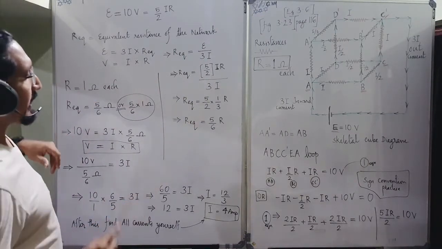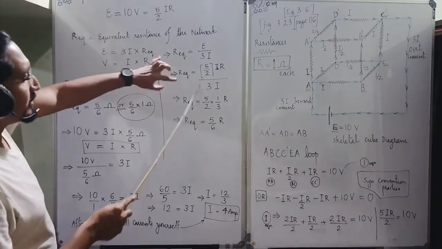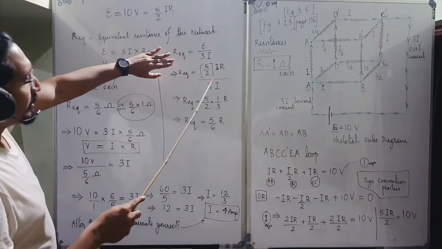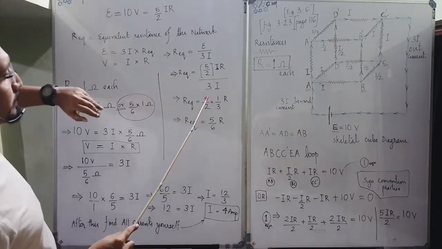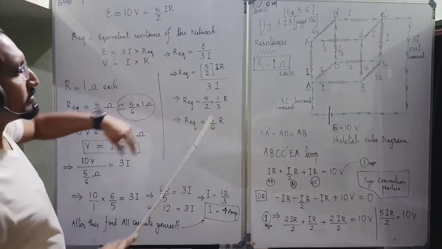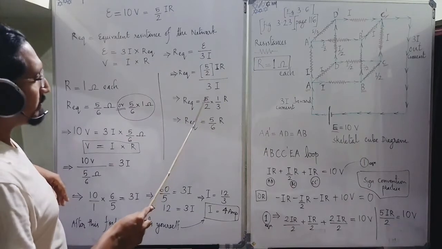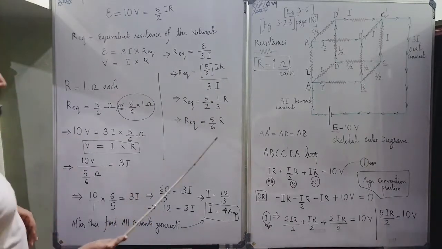This I gets cancelled, and what will be left? 5 by 2 by 3. That means 5 by 2 into 1 by 3. When we divide two fractions, first write the same number and multiply by the reciprocal. That's it. So we will get R equivalent is equal to 5 by 6 R.